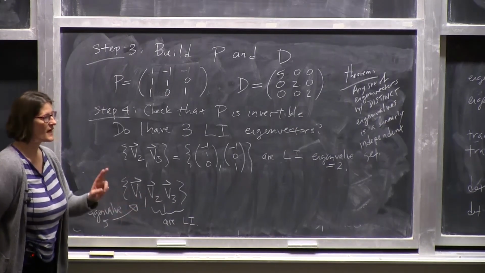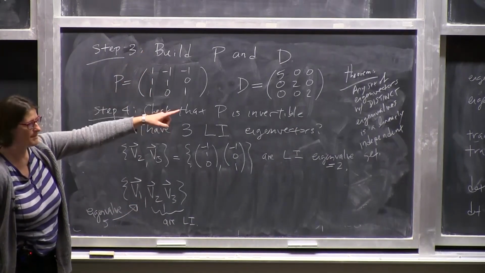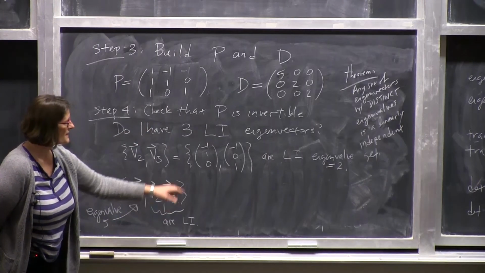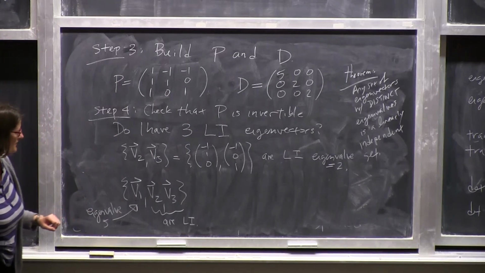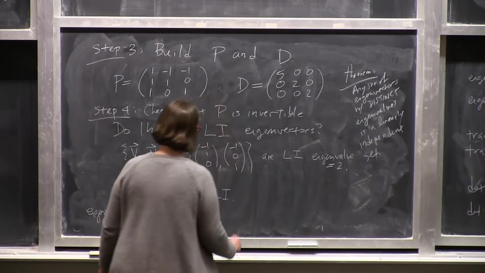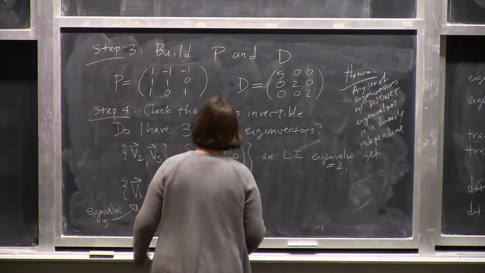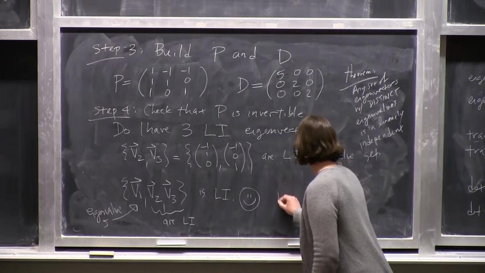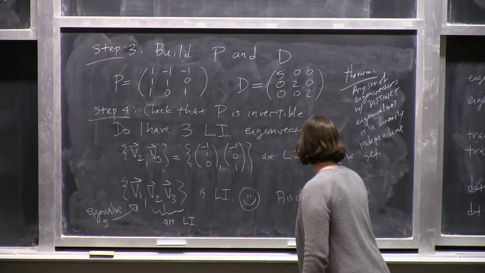Because they have different eigenvalues by the theorem. And I know that v1 is independent of v3 because they have different eigenvalues. So this is linearly independent, and therefore my P is invertible, and I'm done. So A is diagonalizable.